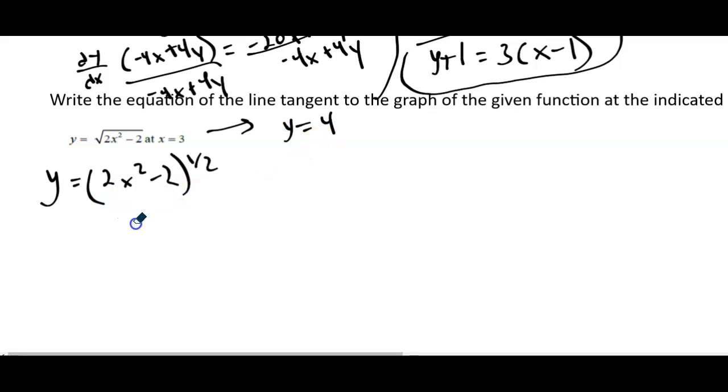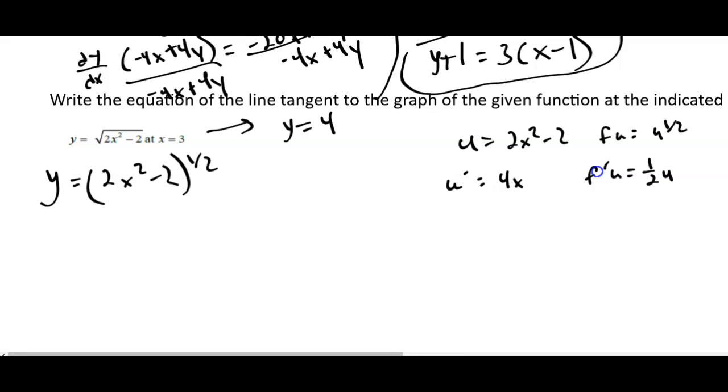Alright, now I need to do u substitution. So u equals 2x squared minus 2, and f of u equals u to the 1/2. So u prime equals 4x, and f prime of u equals 1/2 u to the negative 1/2.